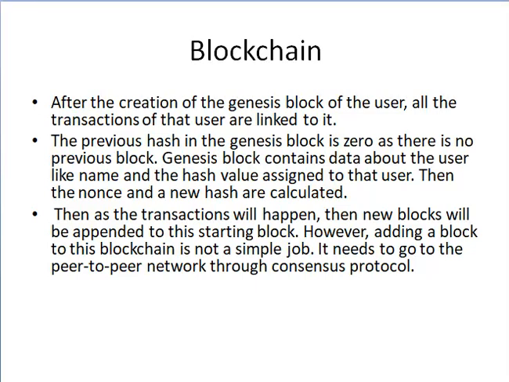So if you are going to store data about 10 students, then there will be 10 genesis blocks. Each student will have a separate block for themselves, and whenever any addition is there, like marks of semester 1, then marks of semester 2, marks of semester 3, they will be stored in the continuation of each chain for each student. So it is a very complex thing that we are creating, and multiple tools are there in the market which support this.